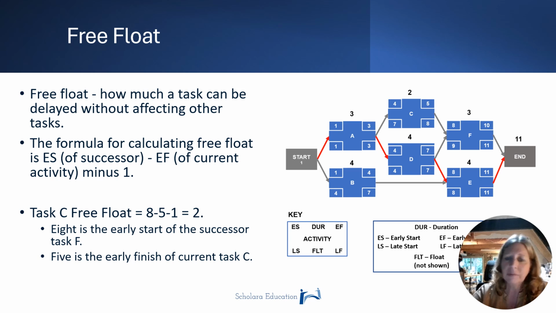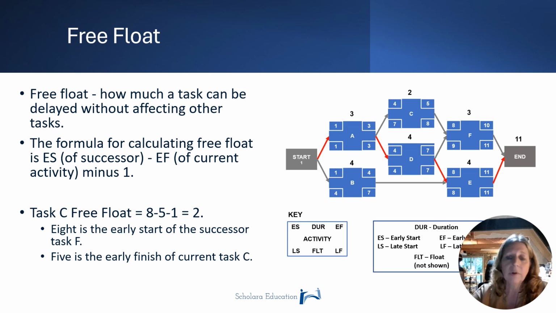So to determine free float for activity C, we take 8, the early start date of the successor activity, activity F, and we subtract 5, the early finish date for activity C, then subtract 1. So 8 minus 5 minus 1 is 2. Activity C has 2 days of free float.